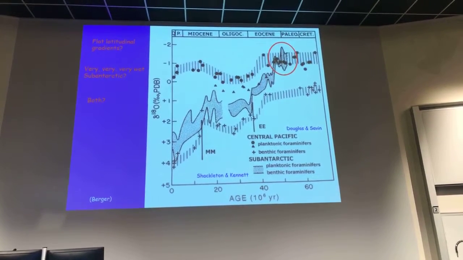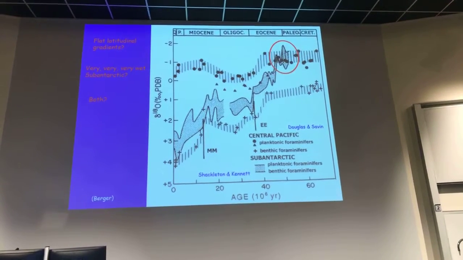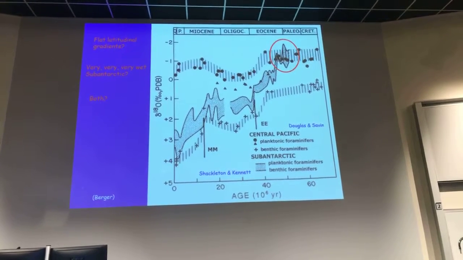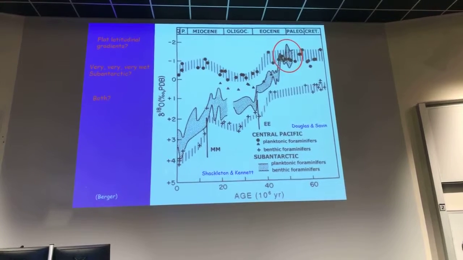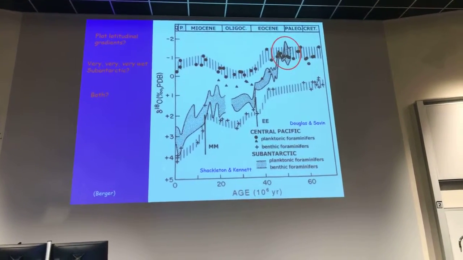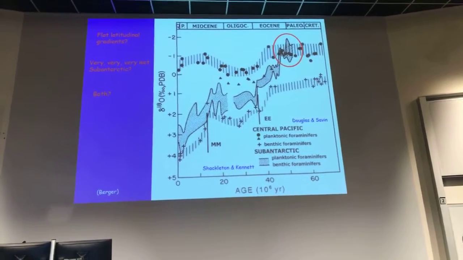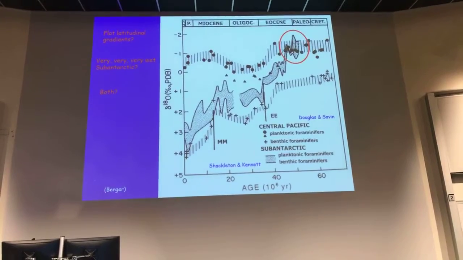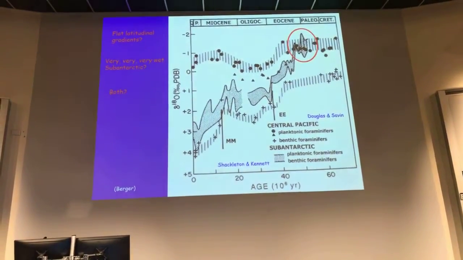Now, what's that about? Here are the two pioneering reconstructions of global climatic change through the Cenozoic based on oxygen isotopes in planktonic and benthic foraminifera from the ocean.